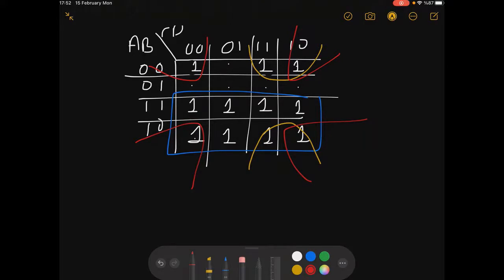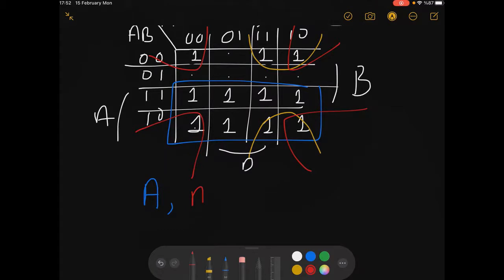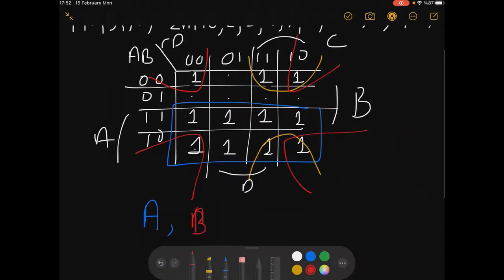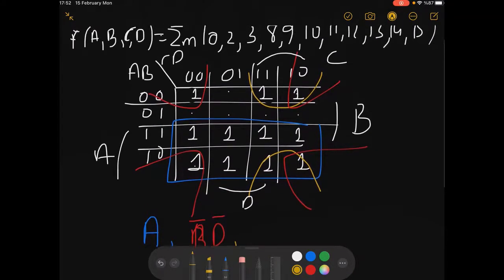These are all your prime implicants, and as you see, it is A, B, C, and D. The red one is D not and B not, and the yellow one is B not and C, right?